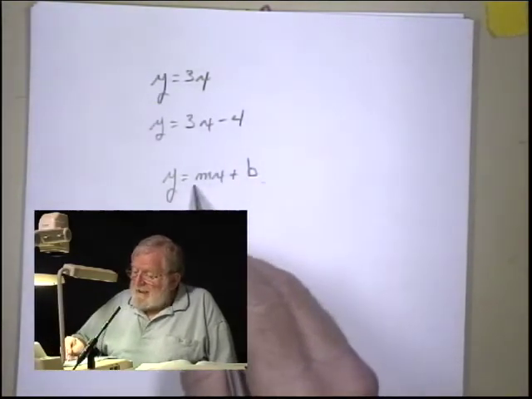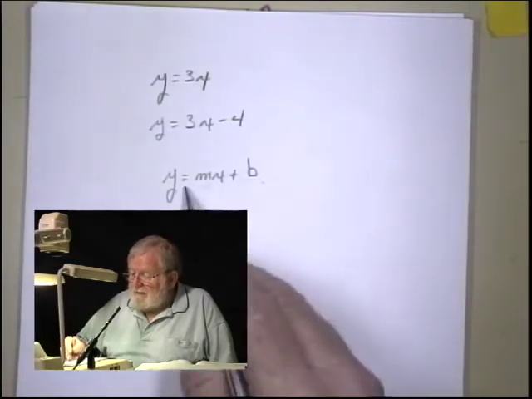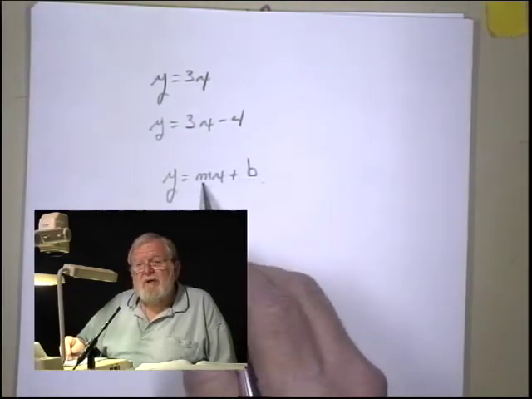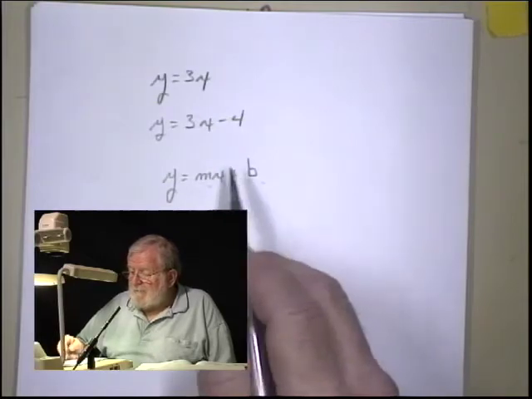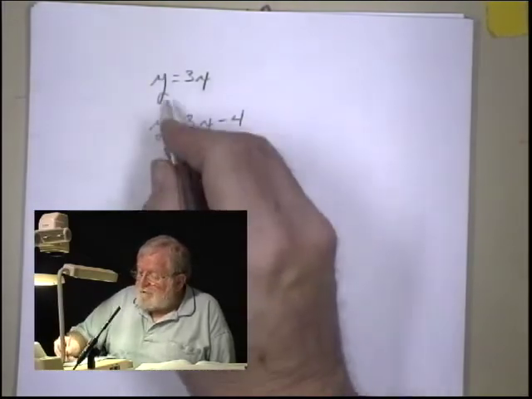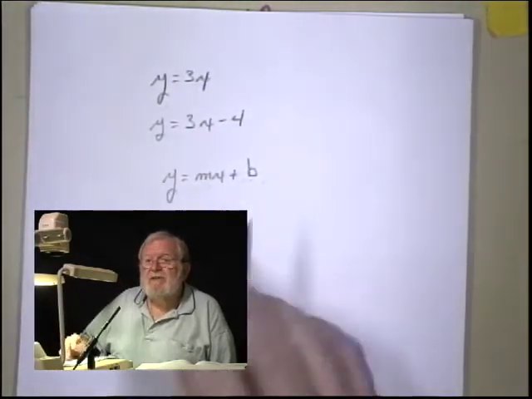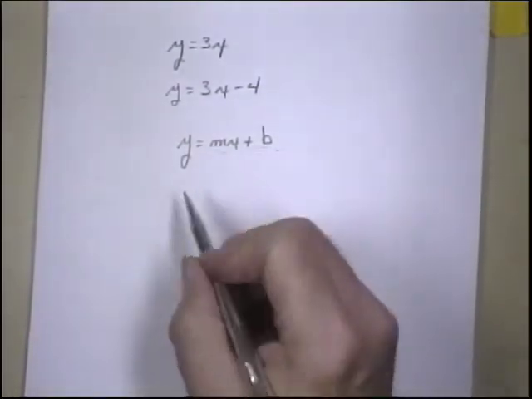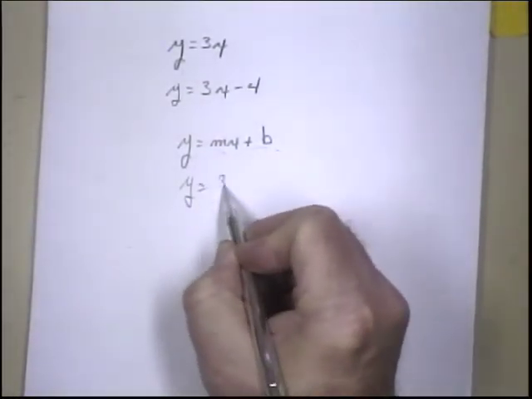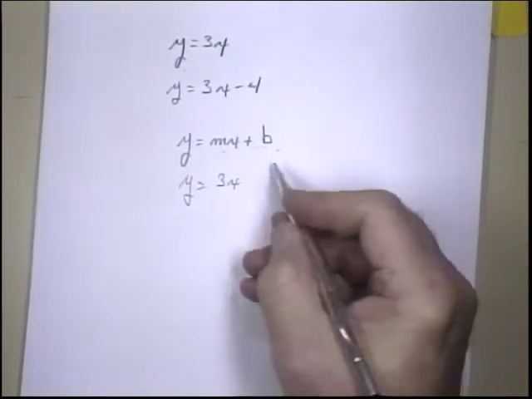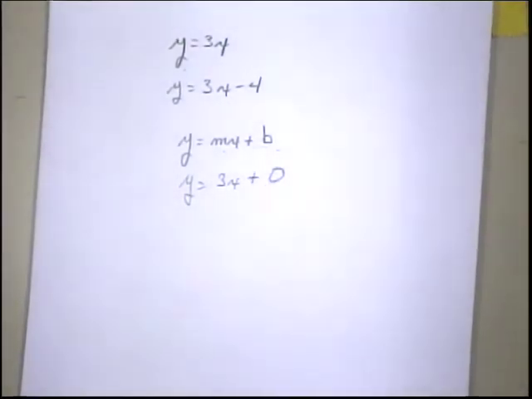We can automatically graph this line because we'll know the slope and we'll know the intercept. So let's put this equation in this form. So we'd have y equals 3x, and what's b here? Well, our b is 0, right? 3x plus 0 is 3x, right?